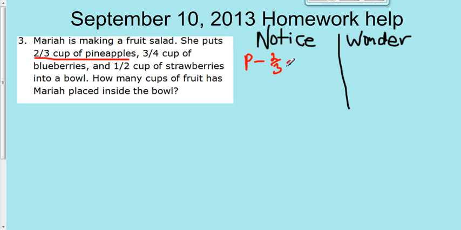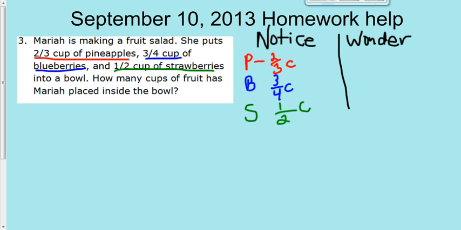We also have 3/4 of a cup of blueberries, and then we have half a cup of strawberries. This is everything that the story is about, all the fruit.